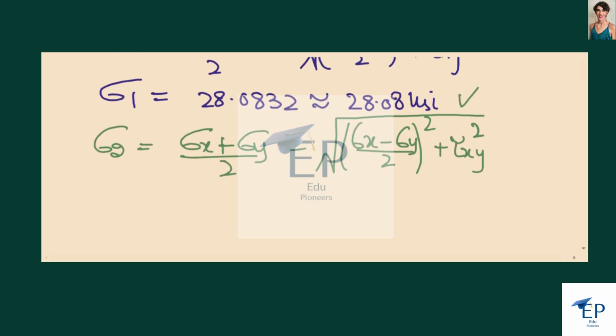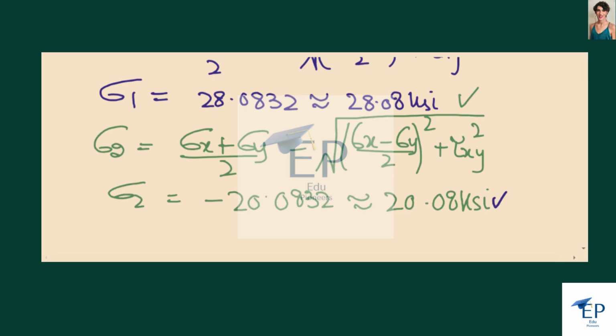When you plug in the values and calculate it, you will get that it is equal to negative 20.0832. That is approximately equal to negative 20.08 ksi. Now you have the value of the other principal stress as well.